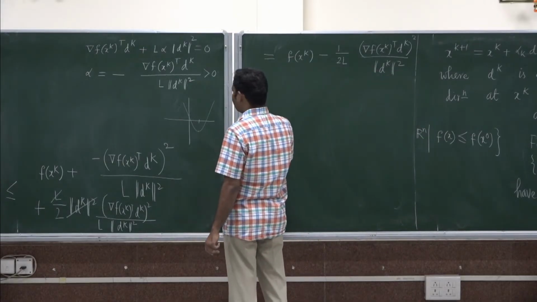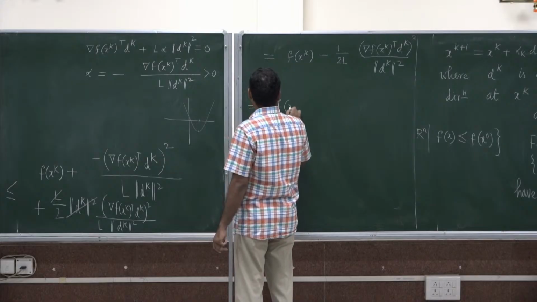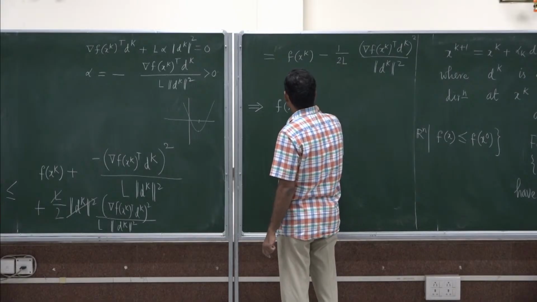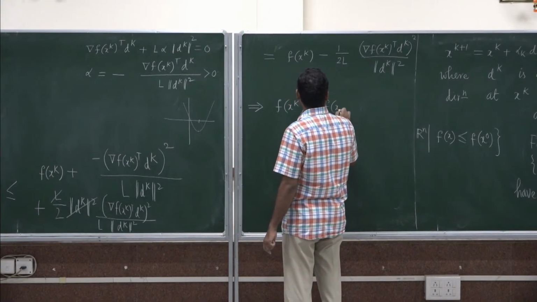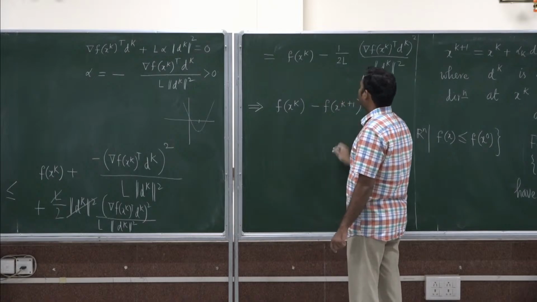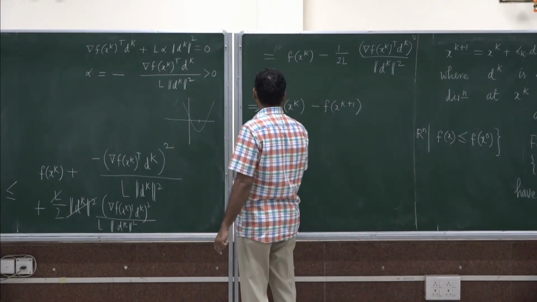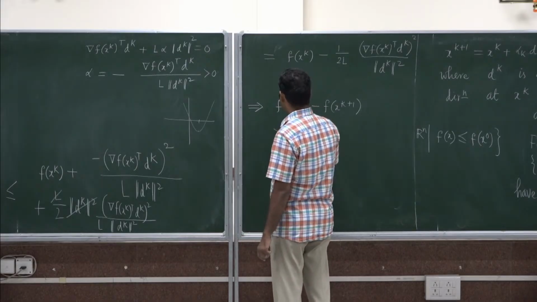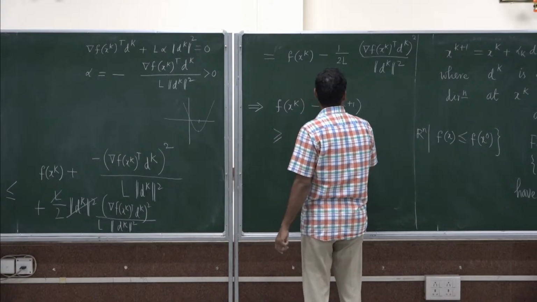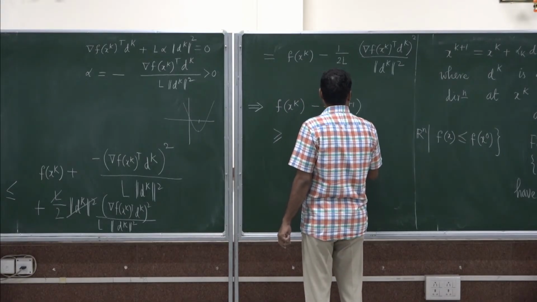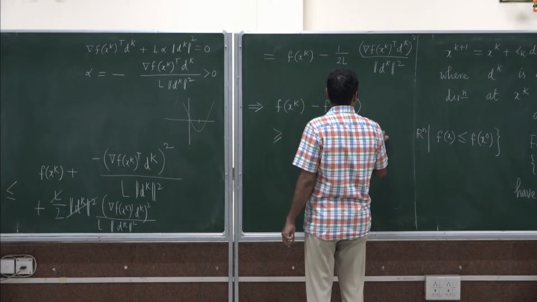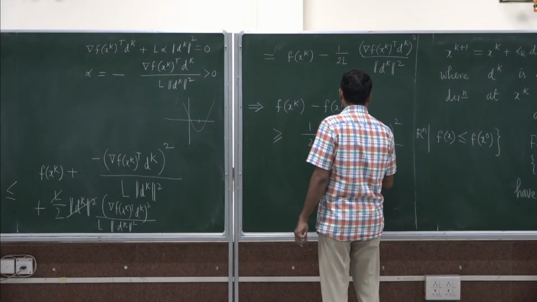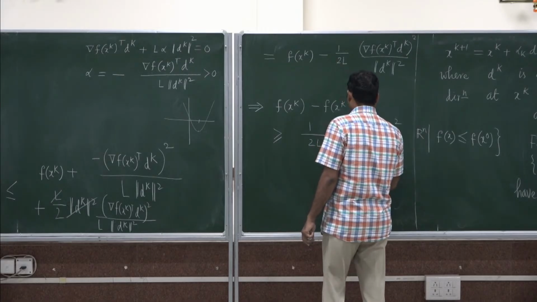And this gives us f(xk) minus f(xk+1) is greater than or equal to 1 by 2L times gradient of f(xk) transpose dk squared divided by norm of dk squared.